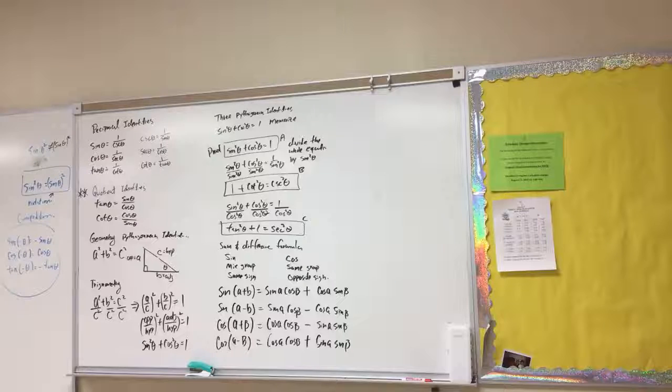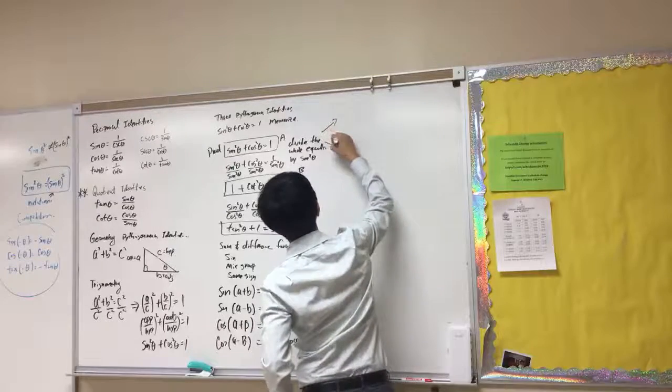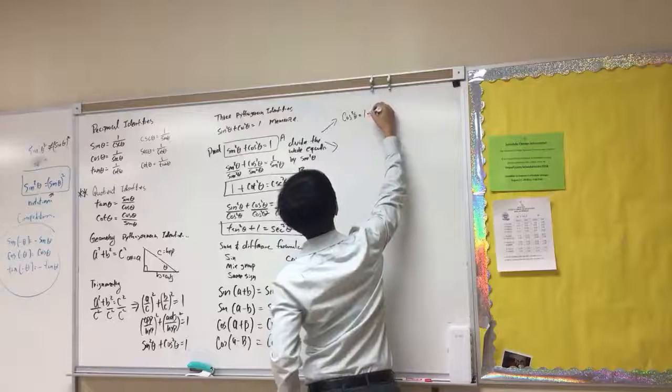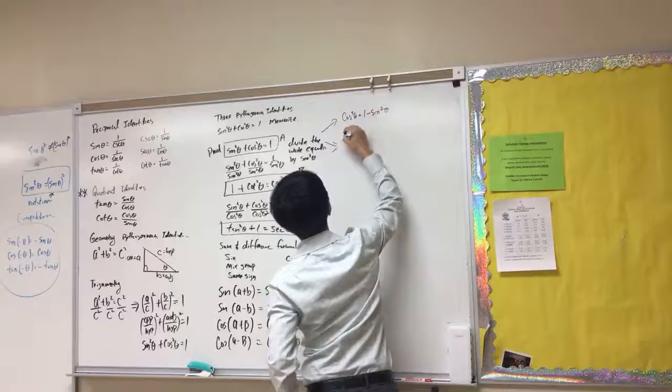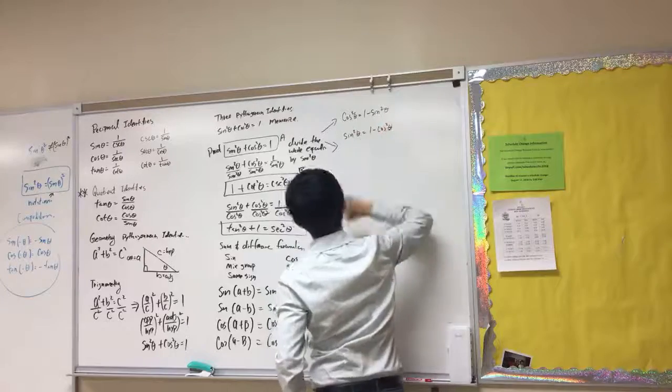Okay, so can I substitute cosine squared theta equal to something else? Well, I can. Because you see here, cosine squared theta is equal to 1 minus sine squared theta, or sine squared theta is equal to 1 minus cosine squared theta. Do you see that?